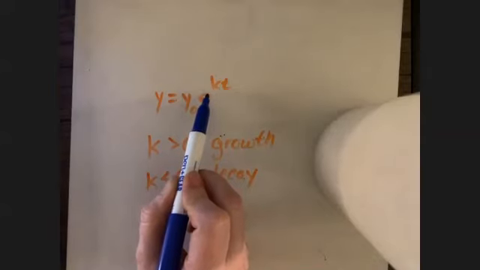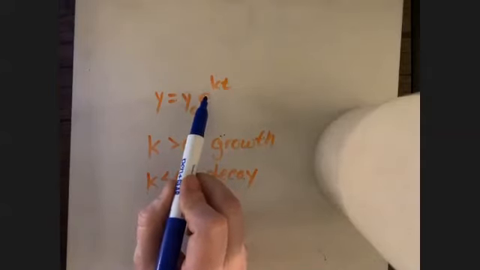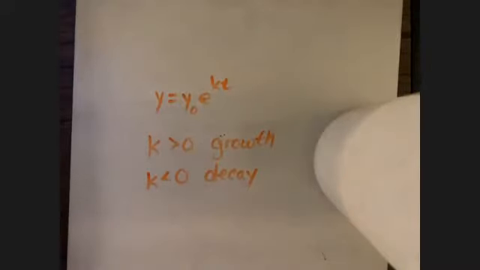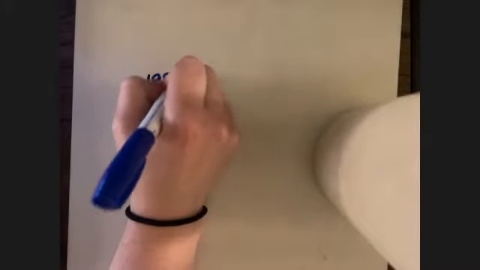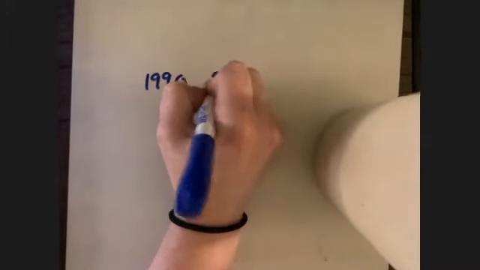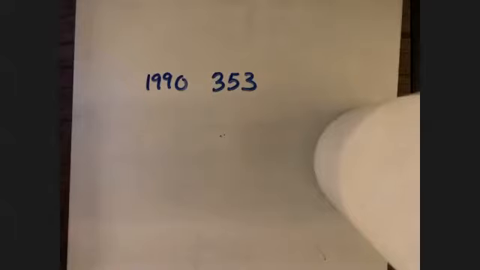And so, for example, the one we're going to look at here as an example is they tell us that in 1990, we had 353 parts per million in carbon dioxide.